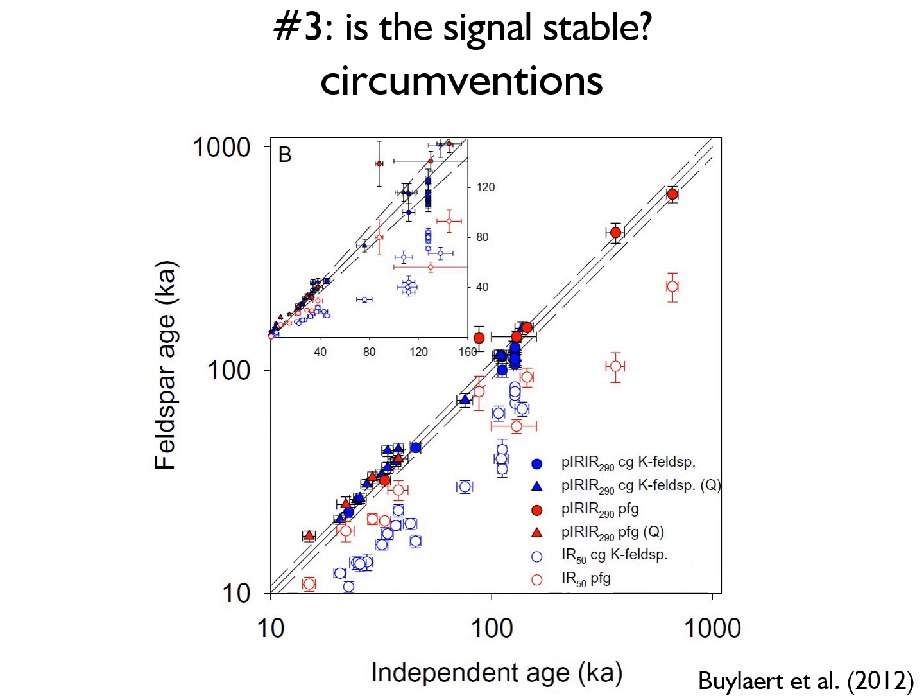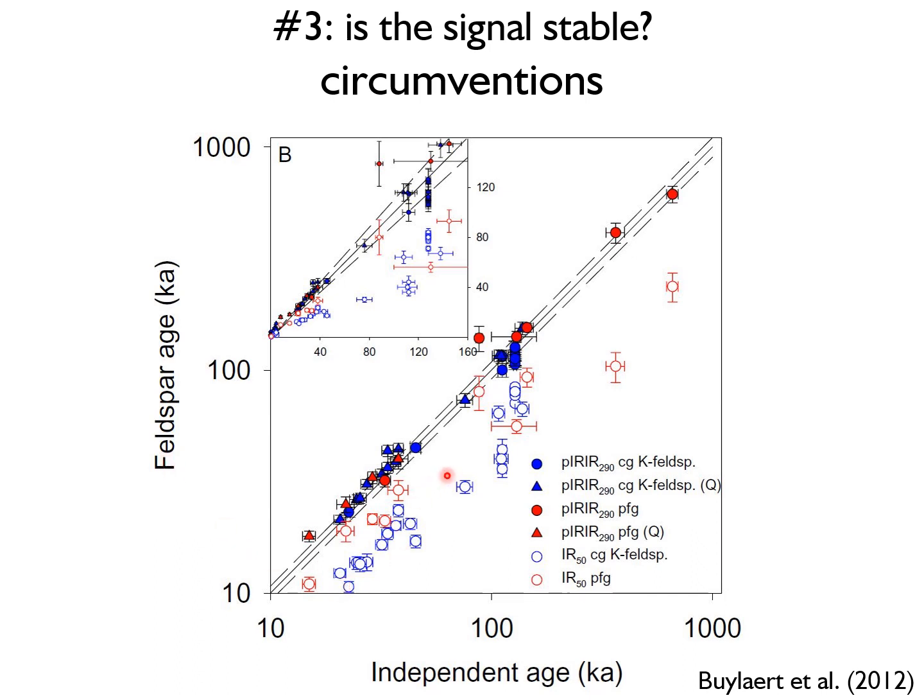What I show here are luminescence ages against independent ages on a log-to-log scale, or if you prefer, a linear-to-linear scale. Now, the open circles are those ages derived in a conventional way, like I was showing in the previous slides.